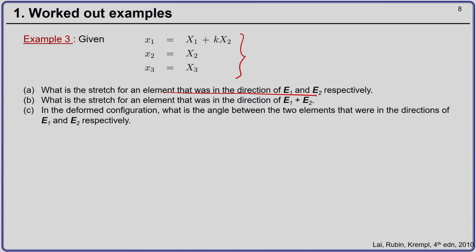We also have to find the stretch of an element that was in the direction E1 plus E2. Now, in the deformed configuration, we also have to find the angle between two elements that were in the directions of E1, E2 respectively, which means initially if there were two elements, one in the x1 direction which is E1 and the other in the E2 direction, then after the deformation what will be the angle. Initially they were like this, and after deformation what will be the angle between these two elements.